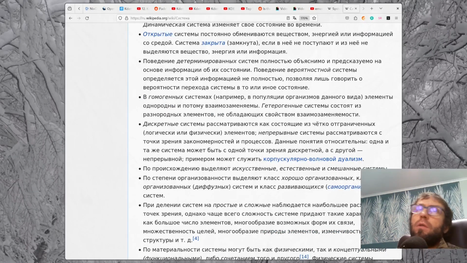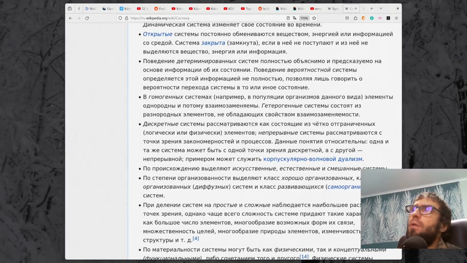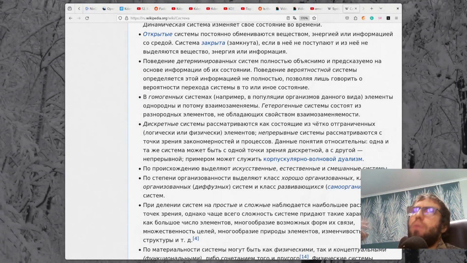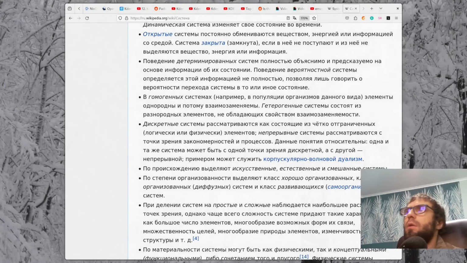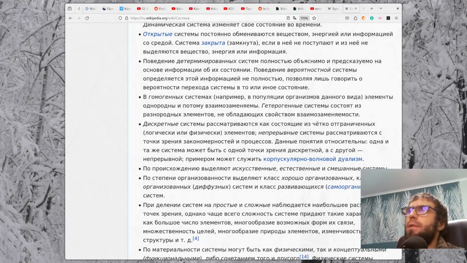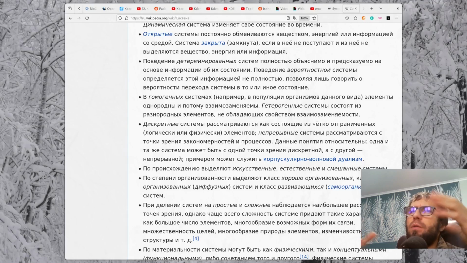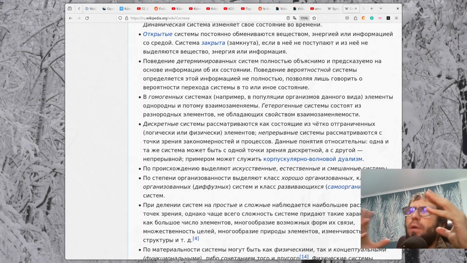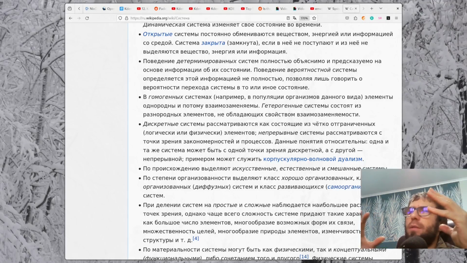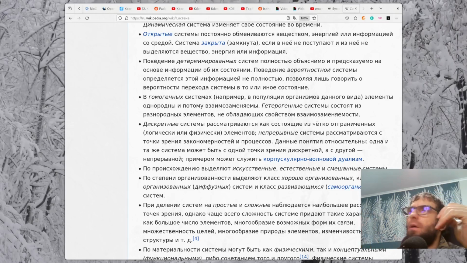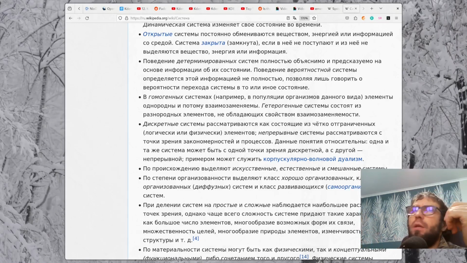Another very interesting classification is when they divide systems into discrete systems and continuous systems. In a discrete system, all the elements have very strong boundaries. We can extract these elements and study them, find their relationships and so on.